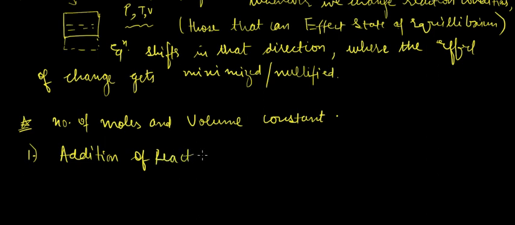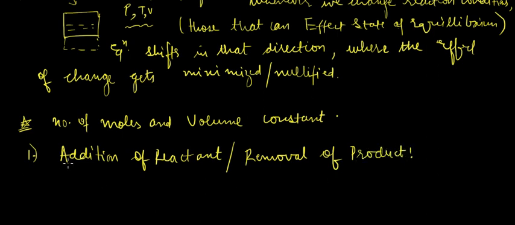We can also do what is known as removal of product. So in this case, equilibrium shifts in the forward direction.